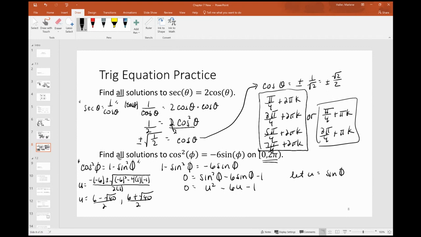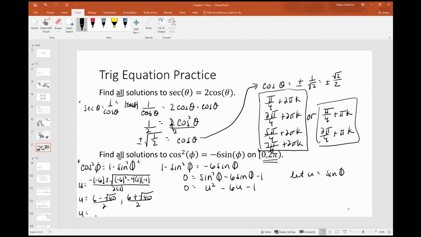Two solutions for u that we'll need to undo to solve for phi. Now, I could simplify this further, right? I could just simplify that radical to 2 square roots of 10, then divide out the 2's. But ultimately, I think I'm going to need to find a decimal approximation in my calculator, right? So I might not bother, or maybe I'll do it just for fun.